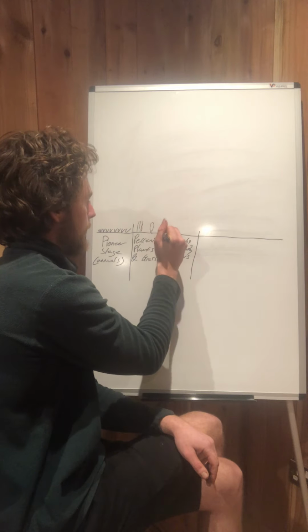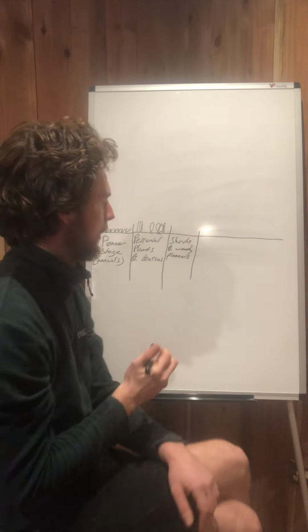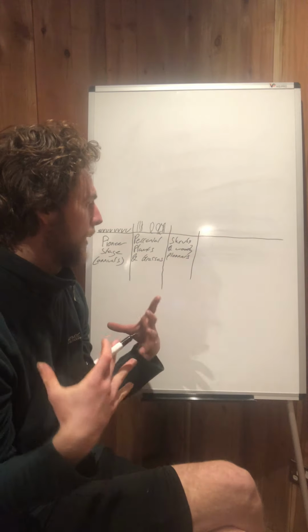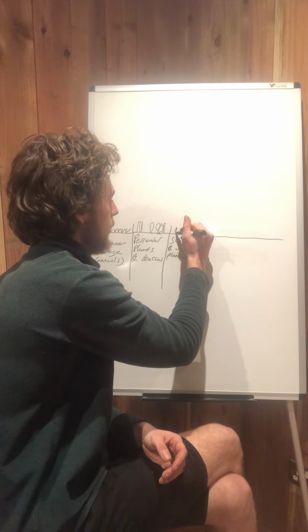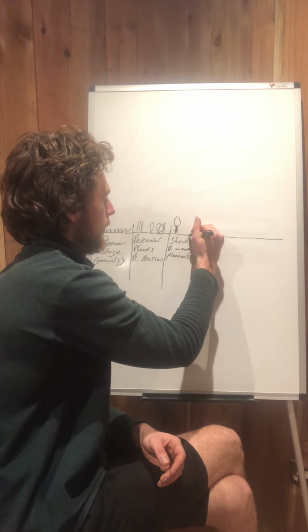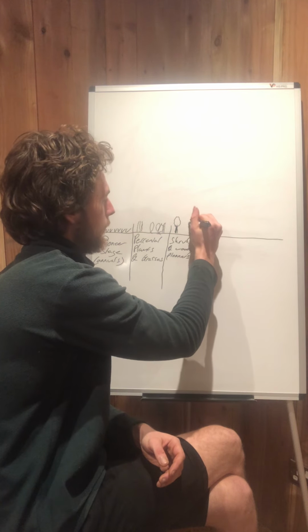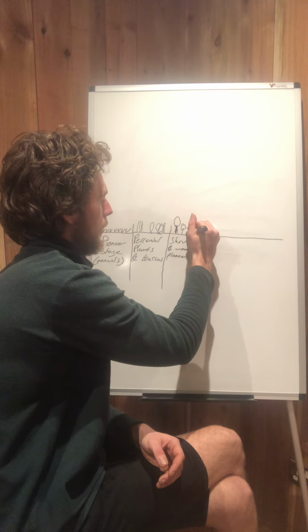A little bit like that. And the shrubby and woody pioneer stage is going to look like small kind of tree saplings that have grown maybe a few years. Like so.